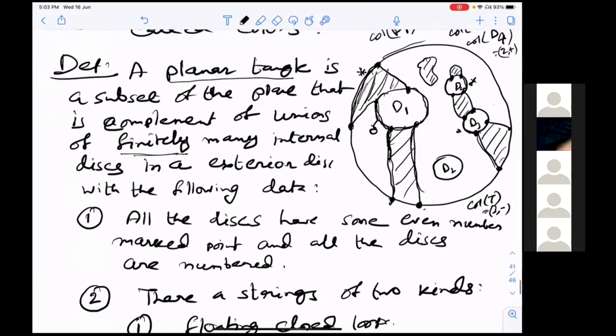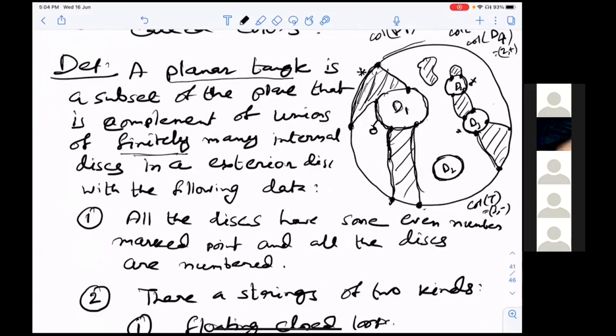The first piece of data is that every disk has an even number of marked points. In my disk D1 there are 4 points, in D2 also 4 points, D3 does not have any points, and 0 is an even number, and D4 has 4.